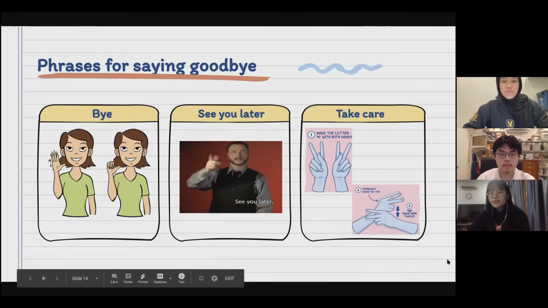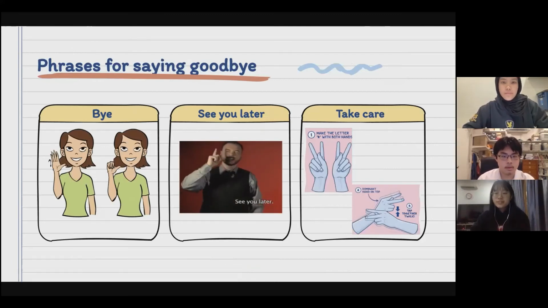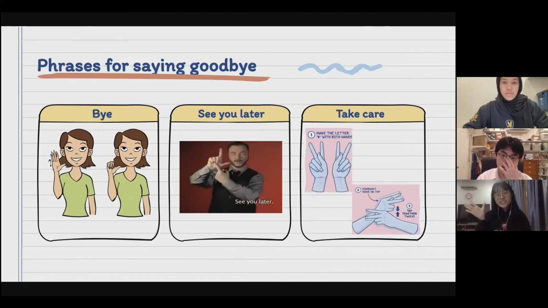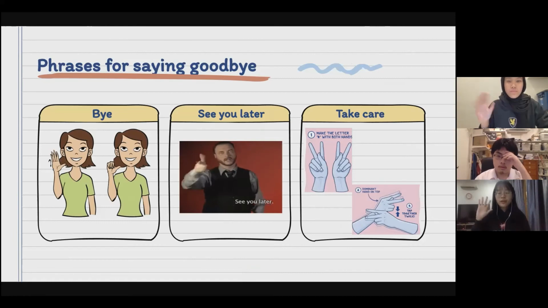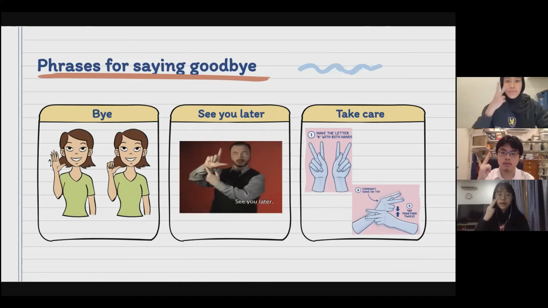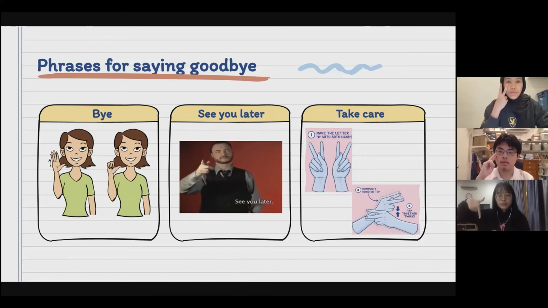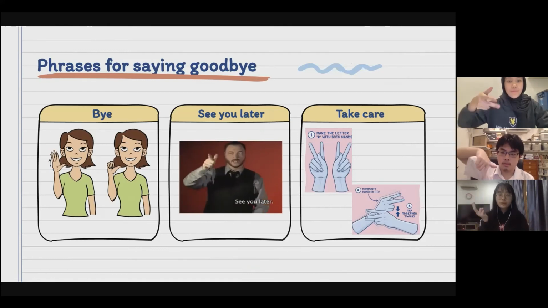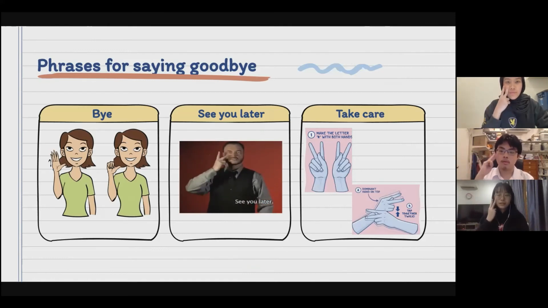All right, so at the end of the conversation, you want to obviously say your goodbyes. So bye is just the wave of your hand. It's the same as hello. And see you later, you want to take two fingers, put them here, and then you put them into an L. The important signal is a two, like a peace sign.